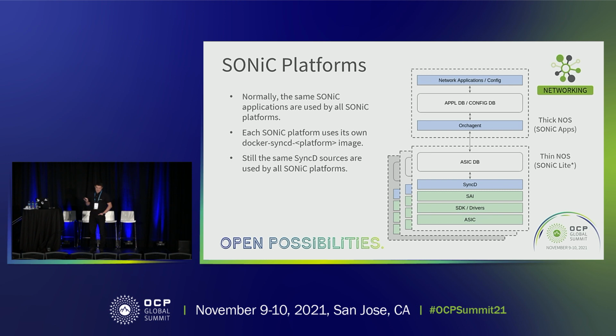From the SONiC platform perspective, everything is the same, especially the top part. So the same applications, same database. The difference is in the bottom part. Even though we still use the same syncd sources, we have a separate Docker environment for each ASIC vendor with pre-installed dependencies needed by the SDK.